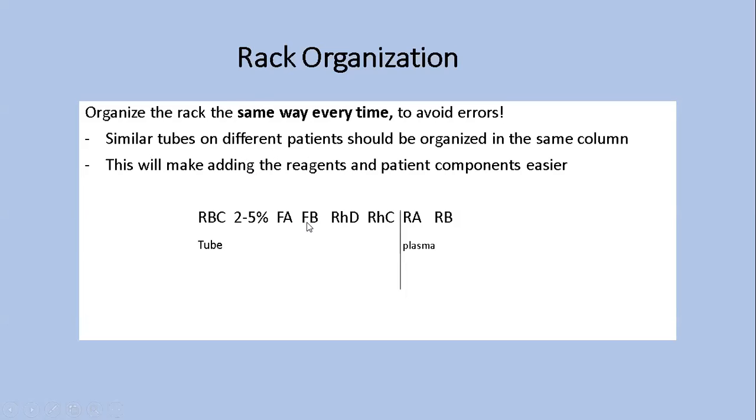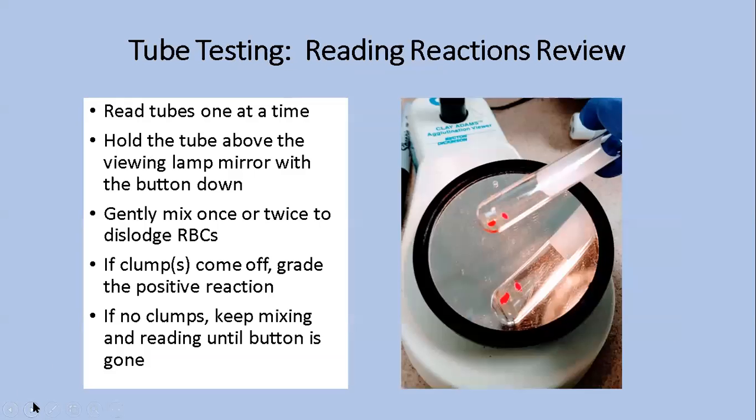Our FA tubes, our FB tubes, RHD tubes, RH control tubes, and then the patient plasma and reverse A and reverse B. Okay? So organizing a rack in the same way every time eliminates problems or mistakes from happening. So we want to continually organize the same way each time.